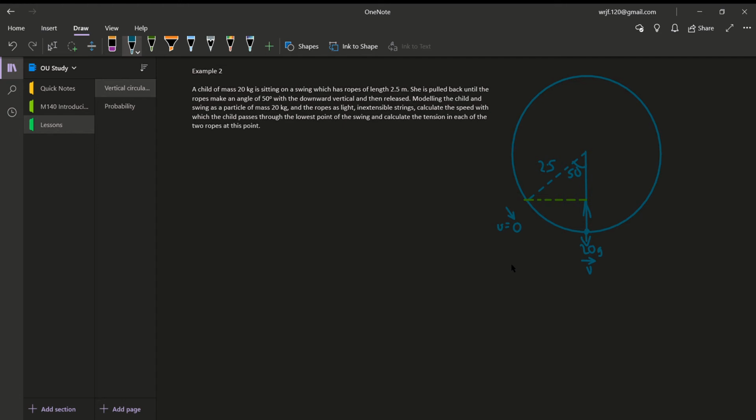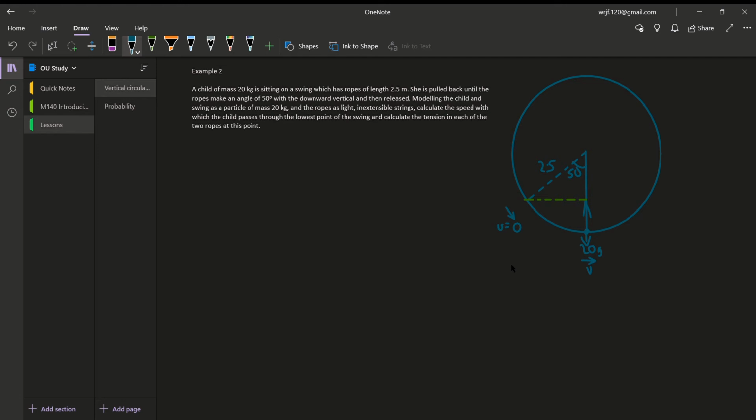My second technique would be then to look at radial forces and Newton's second law in the direction of the radius, so F equals ma in a radial direction, and that will usually lead you to something about either one of the forces or perhaps an angle.